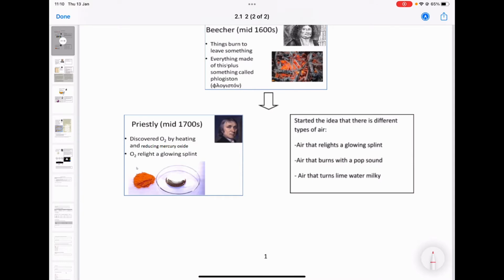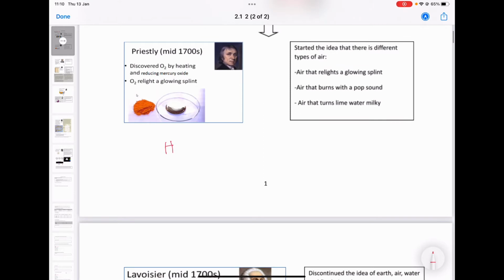So Priestley discovered that you have different kinds of air. What does that mean? So Priestley found that if you take HCl, for example, reacting it with a metal, you get one kind of air that burns with a pop sound. And we know it's hydrogen. You take an acid, you react it with a carbonate, you get another kind of air that turns lime water milky, that we know is carbon dioxide.